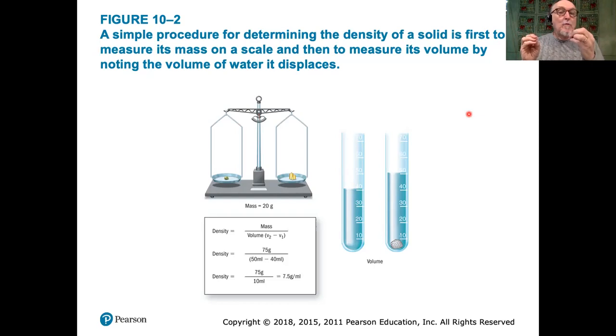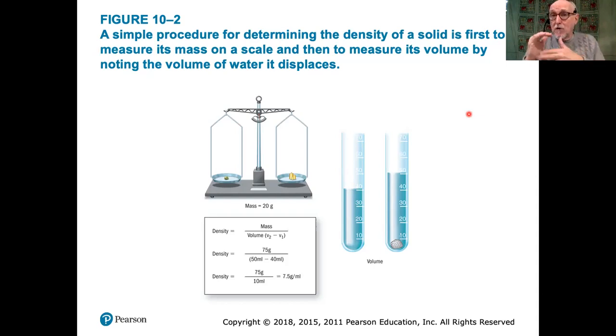The same volume of aluminum weighs far less than the volume of lead. Therefore, the density of lead is much greater than the density of aluminum. And to standardize them, we relate it to the amount of water that it would displace, and we say, how much would that water weigh?